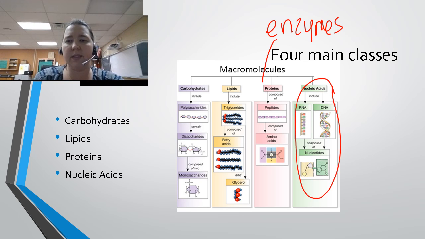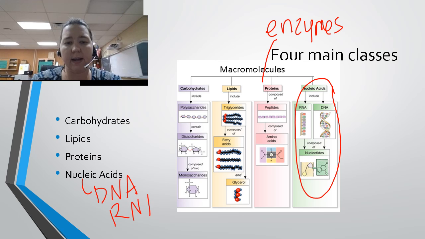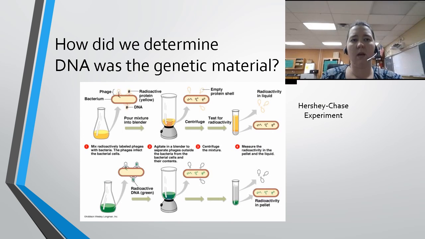This lecture we're focusing on the nucleic acids. So the nucleic acids, there are 2 of them. It's DNA and RNA. And remember, these guys are basically your blueprints. They're your genetic information. So the whole purpose of it is to have a blueprint for your body and then to also be able to pass that blueprint on.